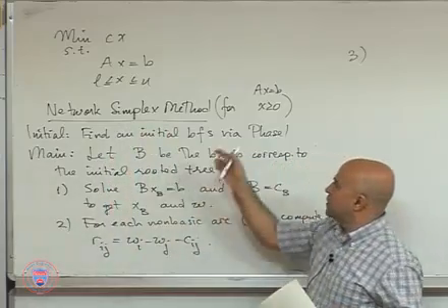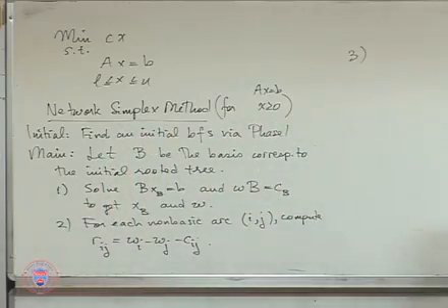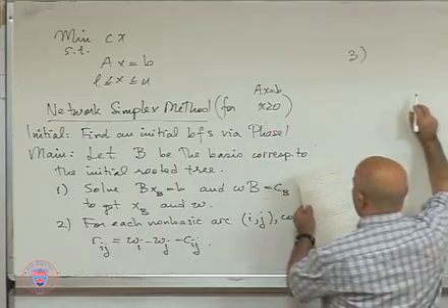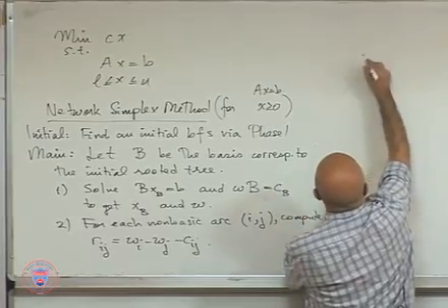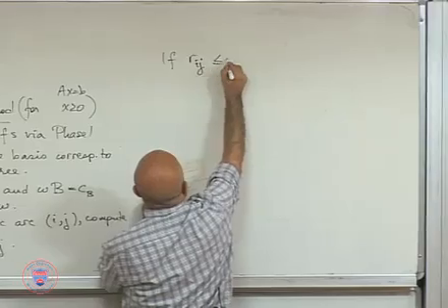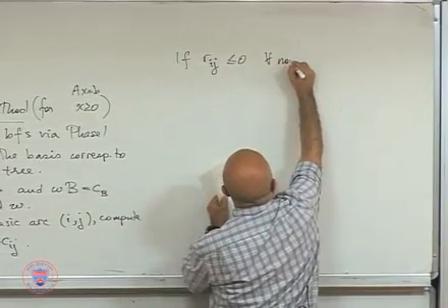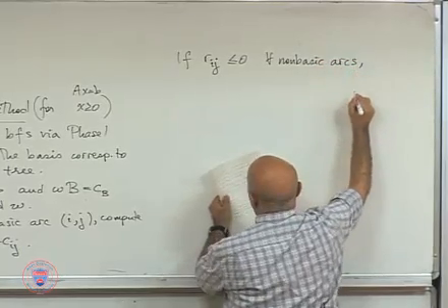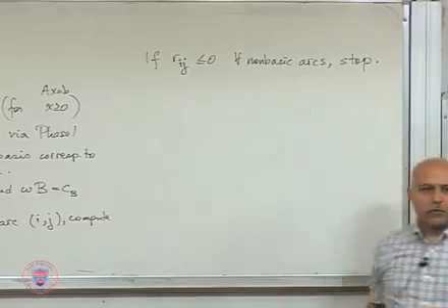I'm giving you the basics of the special case, and then we'll give you the adaptation to the lower and upper bounded case. So, before 3, if R_ij for this case is less than or equal to 0 for all non-basic arcs, the current basic feasible solution is optimal, so we stop.